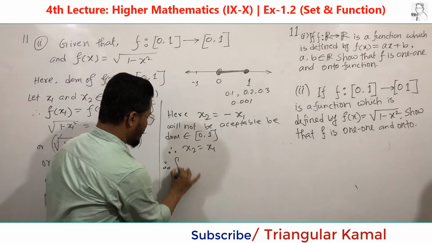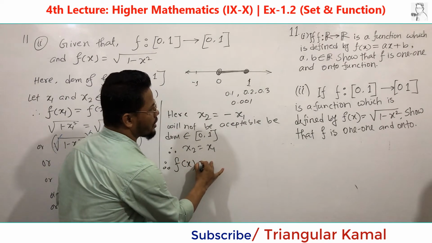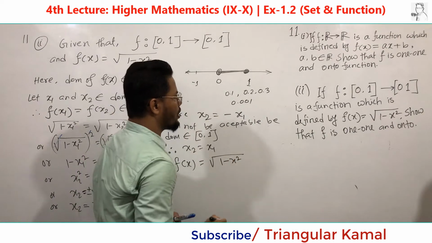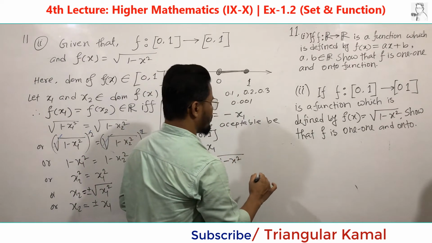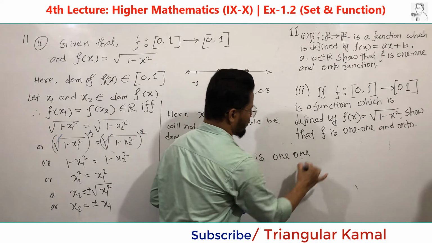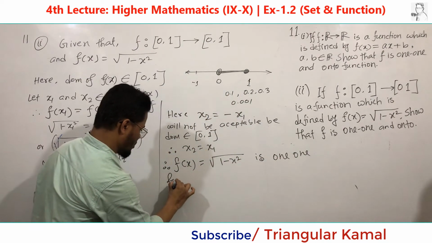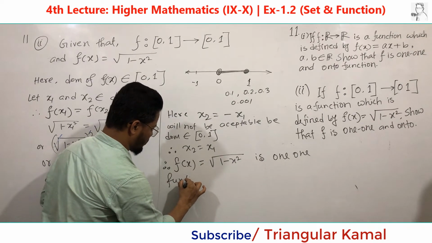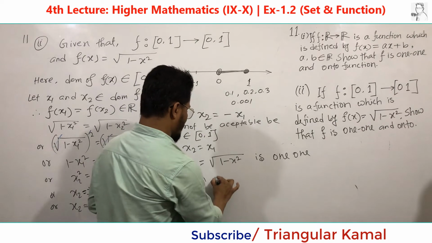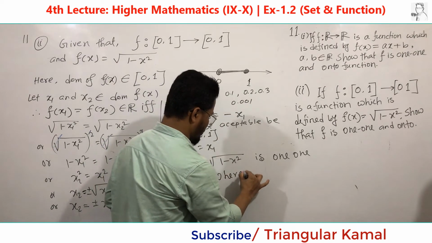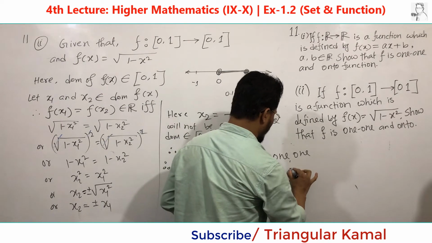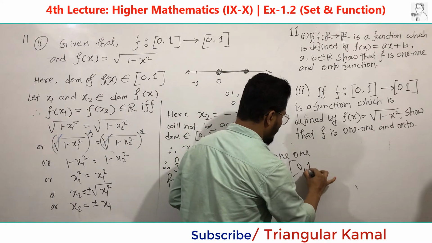So f(x) equal root over 1 minus x squared is one-one function, where the domain is elements of 0 to 1.